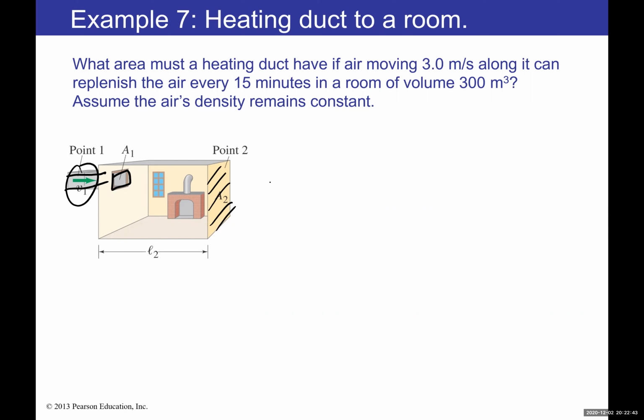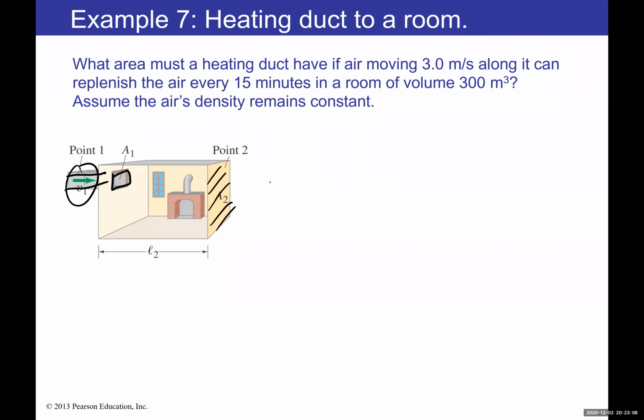So what we need to do here is find what area must a heating duct have. That means we want to find A1, if the air is moving 3 meters per second along it, and it can replenish the air every 15 minutes in a room of volume 300 cubic meters.